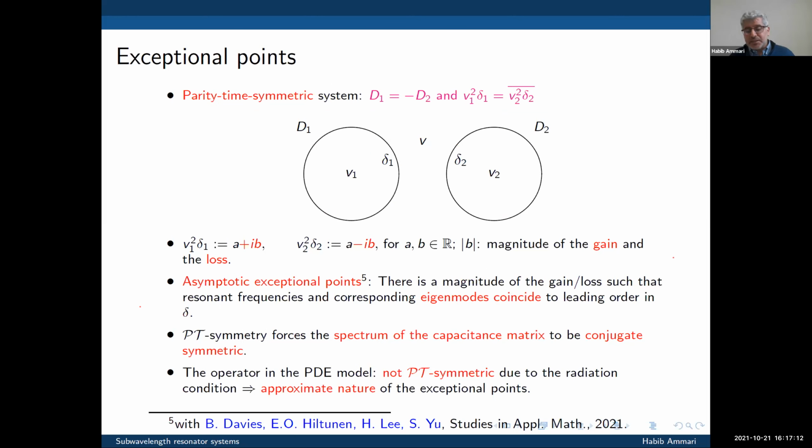Now let's keep thinking about this dimer. So I take D1 and D2 under this symmetry assumption and this time symmetry assumption. Now I'm considering material parameters with complex coefficients, and I'm assuming that the material parameters here are complex conjugate of the ones.